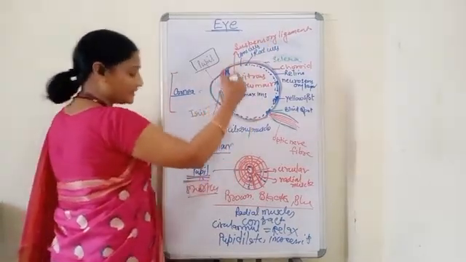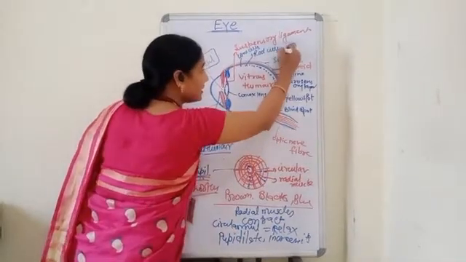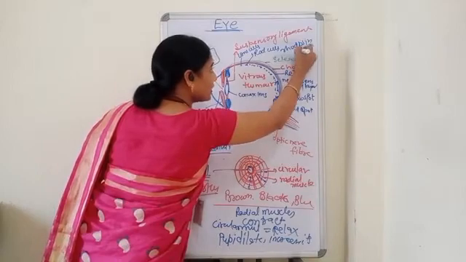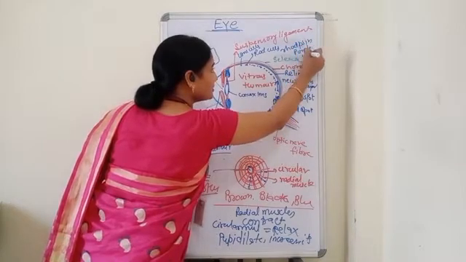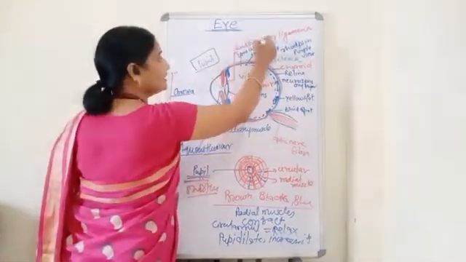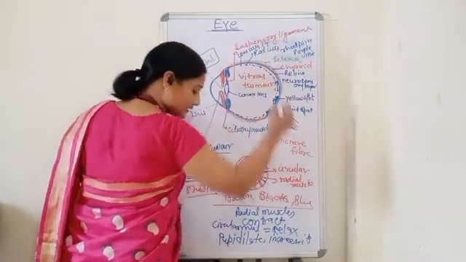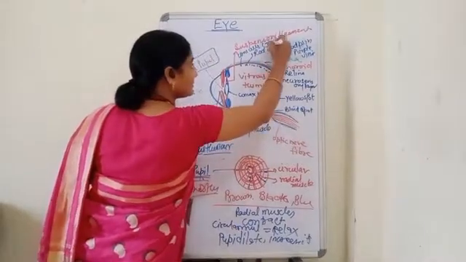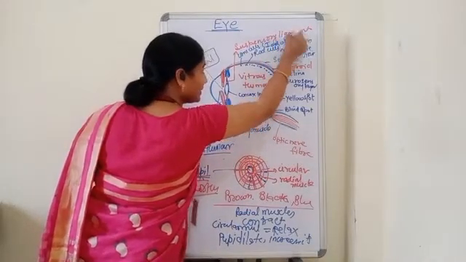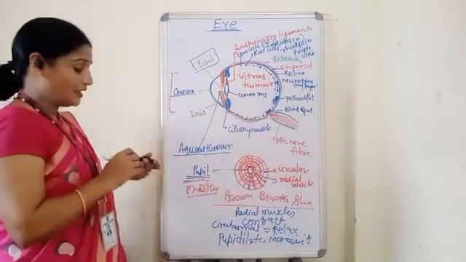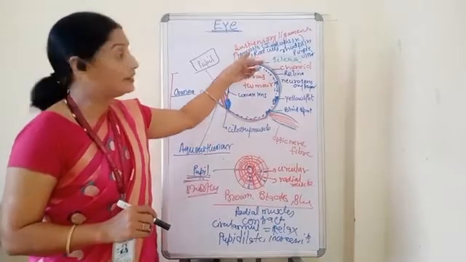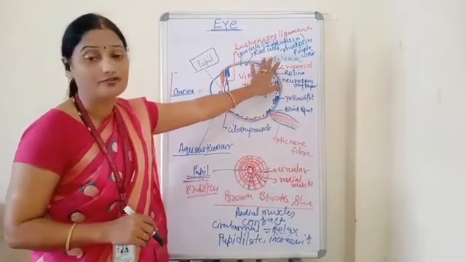The rod cell contains the pigment named rhodopsin, also called purple vision. And the cone cell consists of the pigment called iodopsin, I-O-D-O-P-S-I-N. Clear? This cone cell is responsible for color, and rod cells are responsible for light intensity.